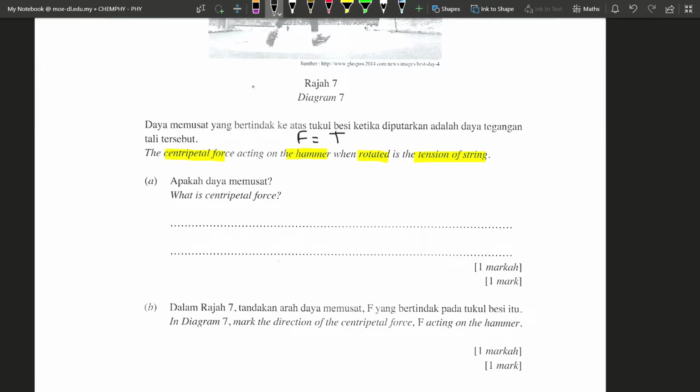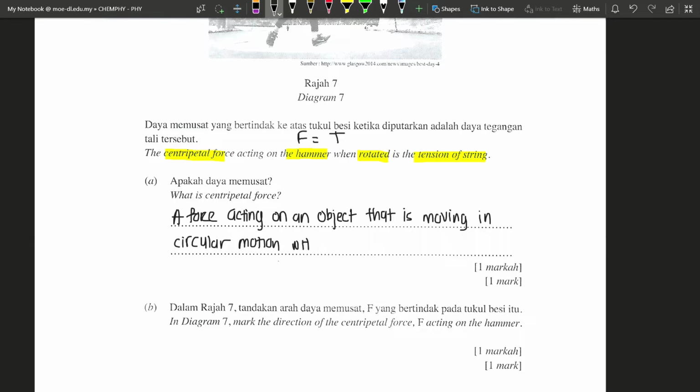What is centripetal force? So jawapannya, centripetal force is a force acting on an object that is moving in circular motion with direction to the center of the circle.